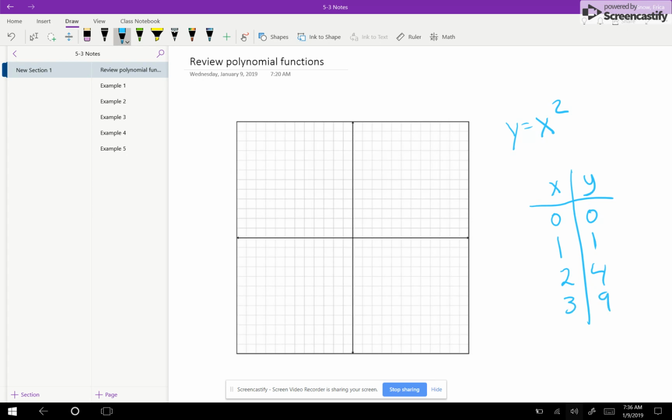And so with a parabola, it looks like a bowl shape. And it looks just like this.